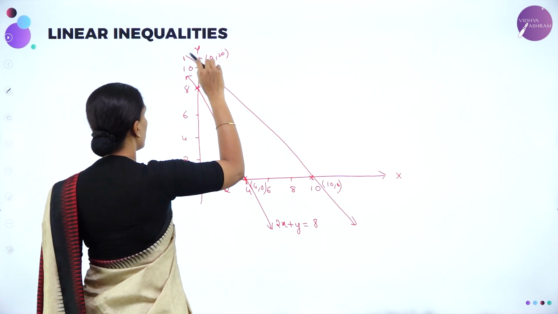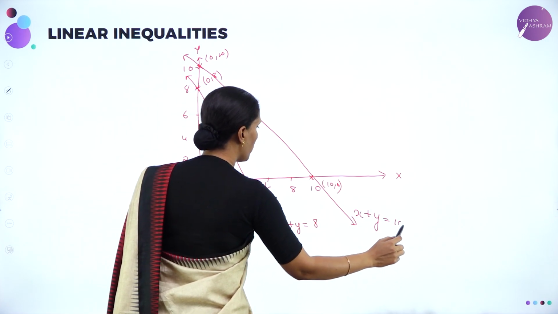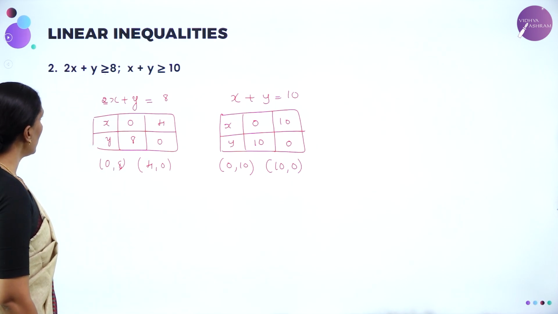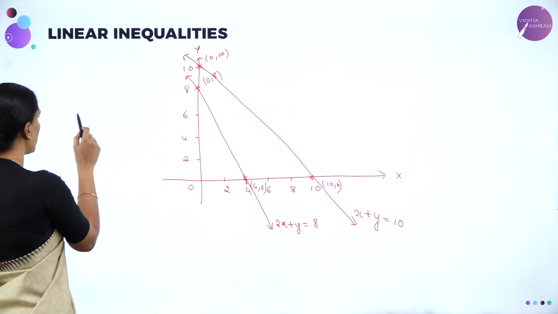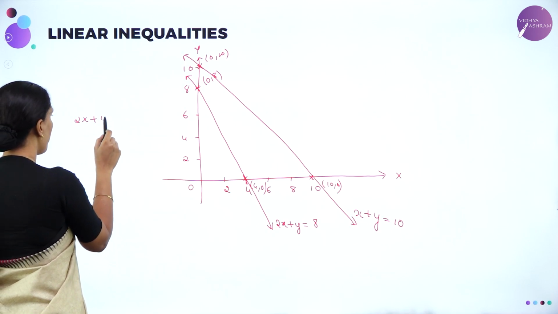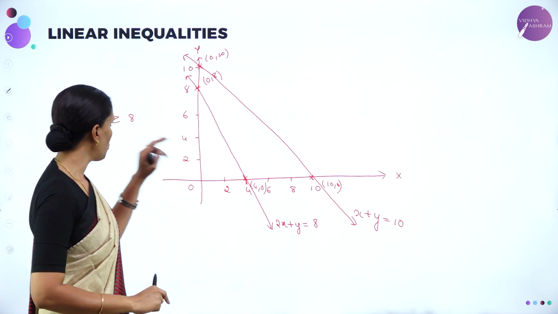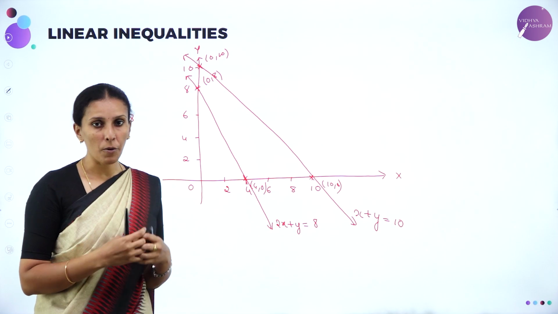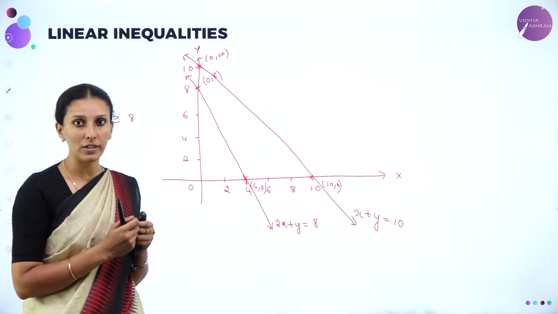So this is the region. So what is this line? x plus y is equal to 10. Now observe both the inequalities here. Both are greater than or equal to 8. So my first equation is 2x plus y greater than or equal to 8. When you are deciding the solution for these types of inequalities, I told you to take any convenient point you want and substitute to see whether it is a true or a false statement.